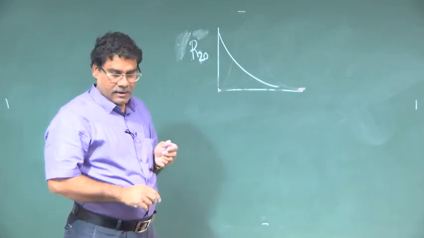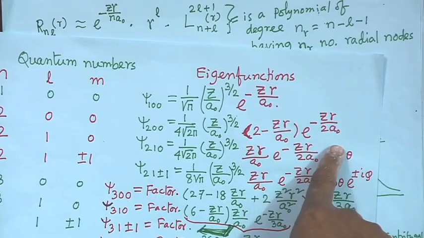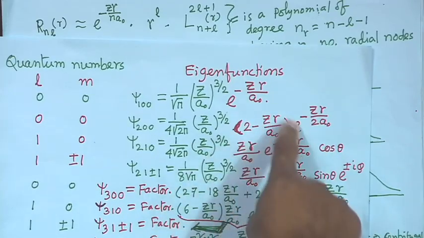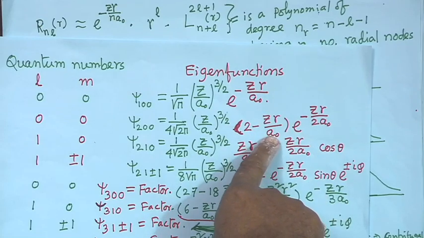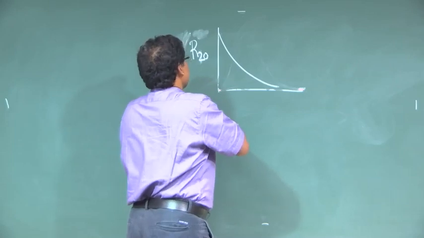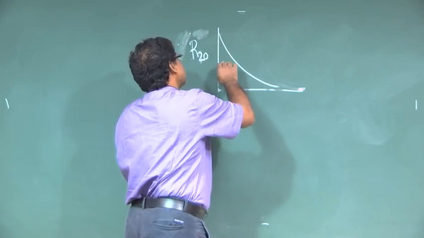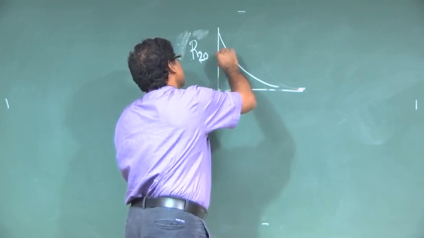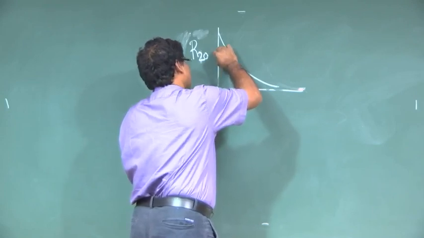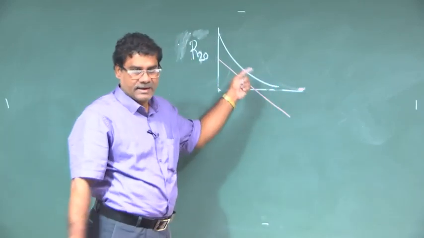Okay. e to the power minus Zr by 2a0. Another is y equal to mx plus c. So, this curve will be like this. Its c is plus 2, so it can be like this, with a negative slope.